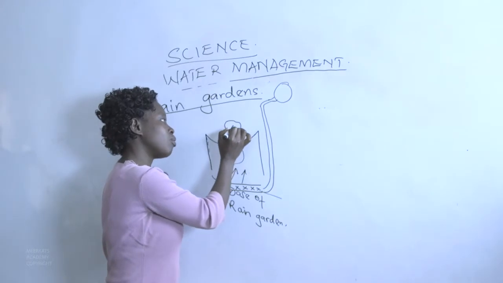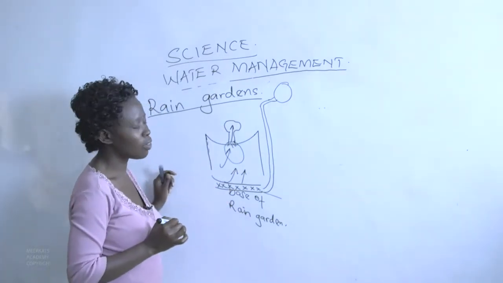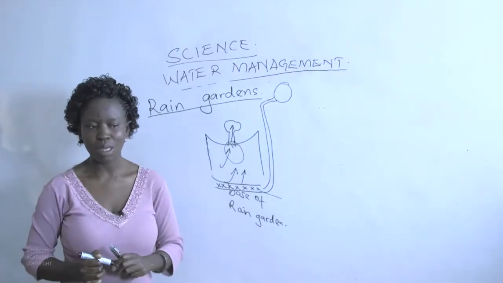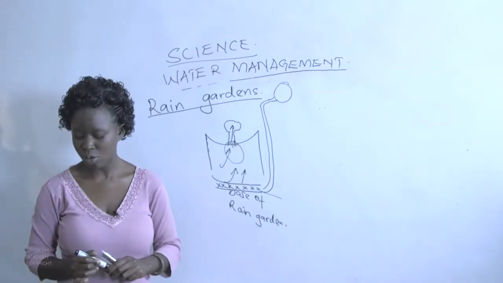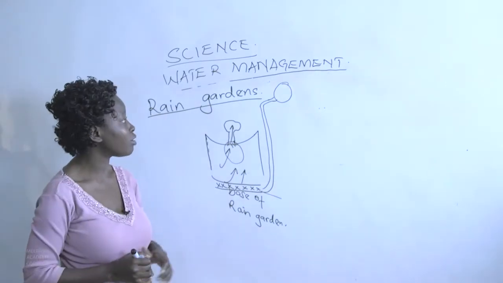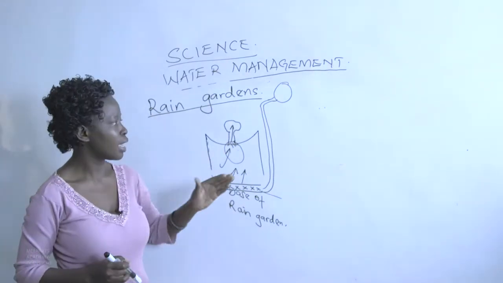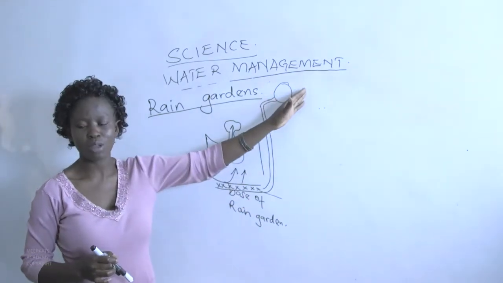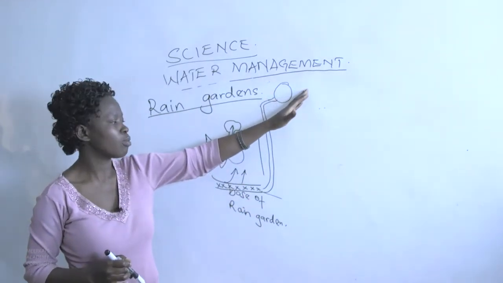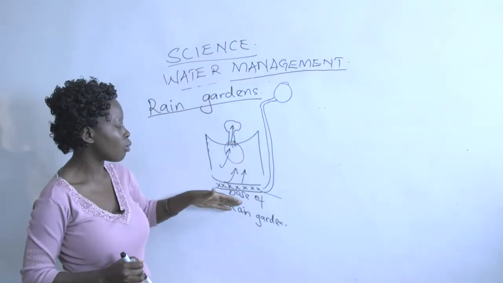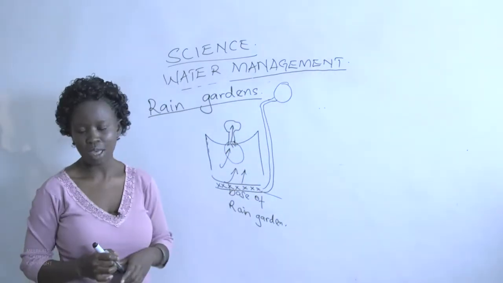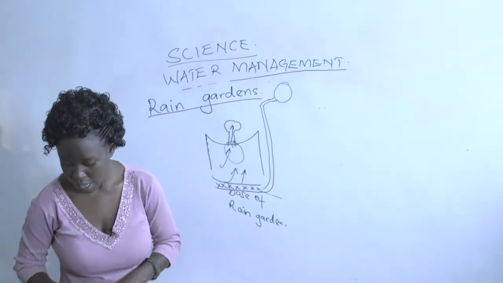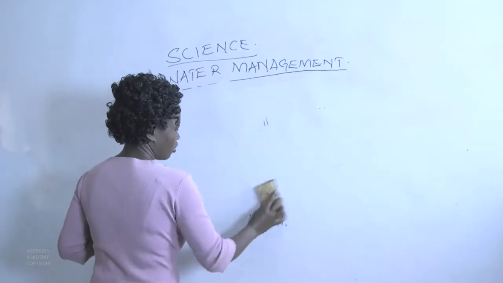The water is then moved through the plant all the way to the leaves and the barks of that given tree, where it will be transpired into the air. So we find that the rain garden helps us improve the quality of the stormy waters that have been collected from the land. So this stormy water will then be used for the activities that pertain to that rain garden.